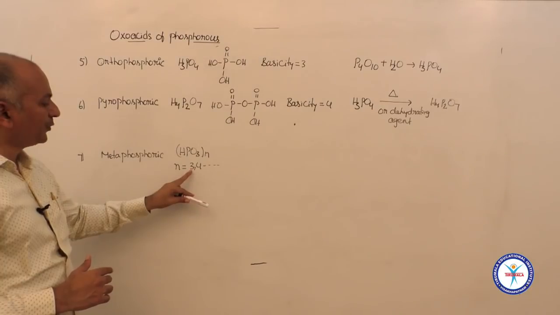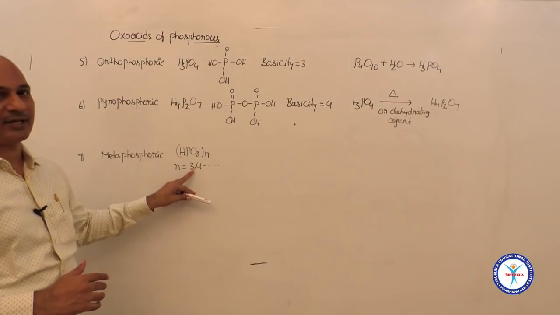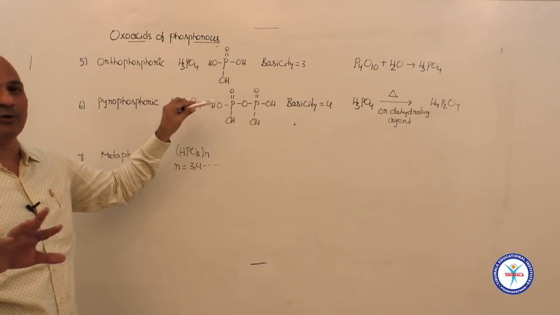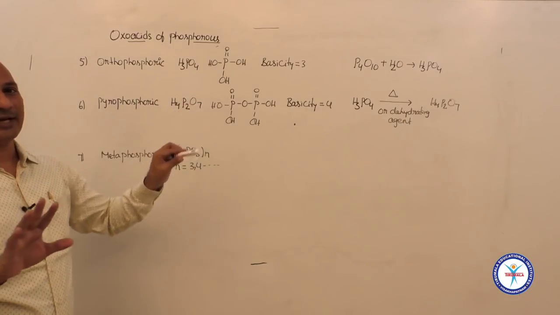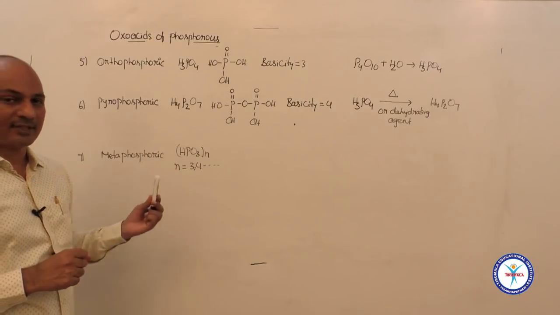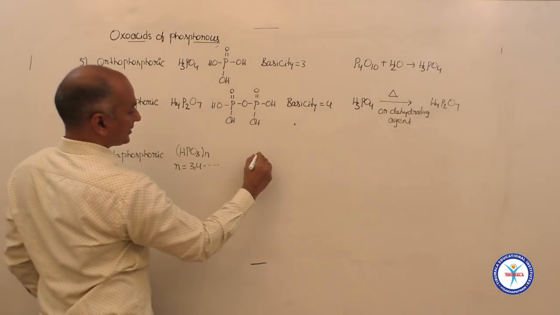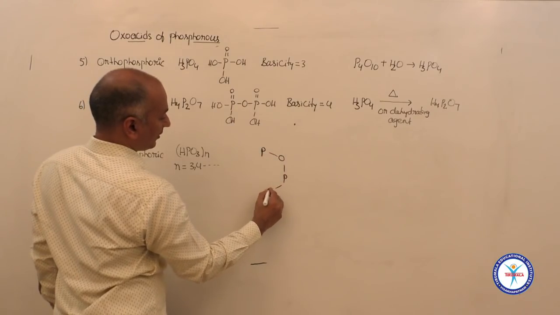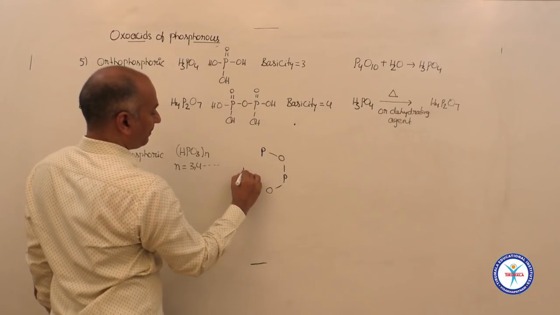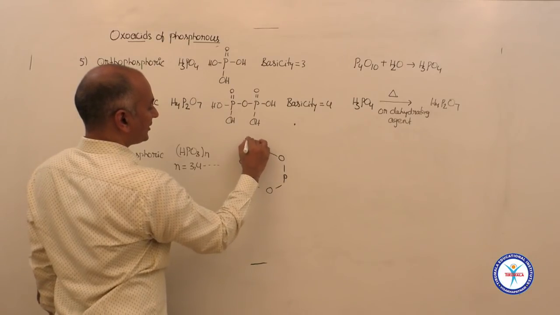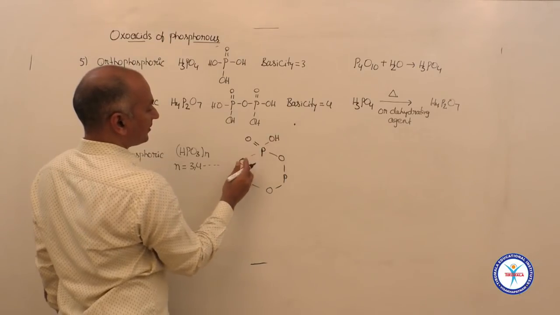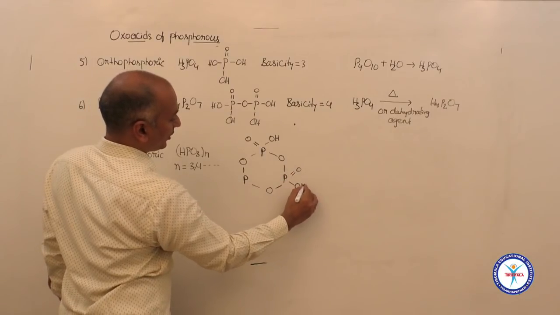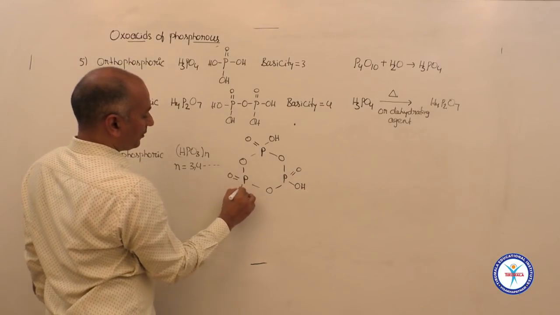Now, suppose you talk about trimetaphosphoric acid, you take 3 molecules of this, remove 3 water molecules, and you will get trimetaphosphoric acid, and its structure is a ring of P-O-P, and each phosphorus is bound to one double-bonded oxygen and another OH.